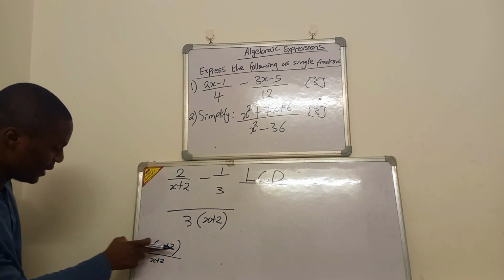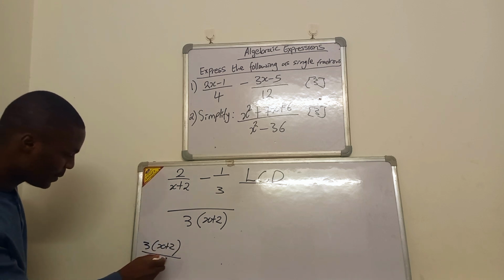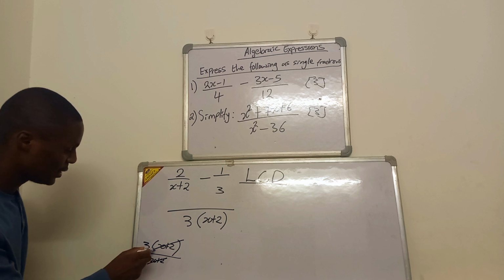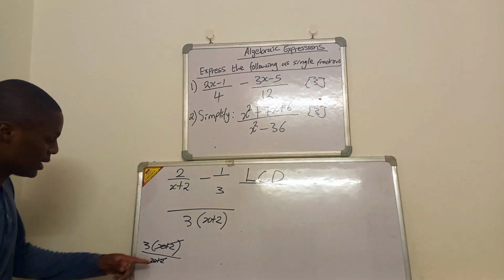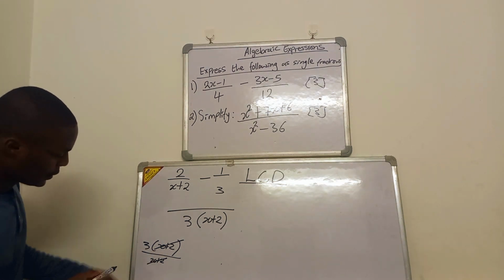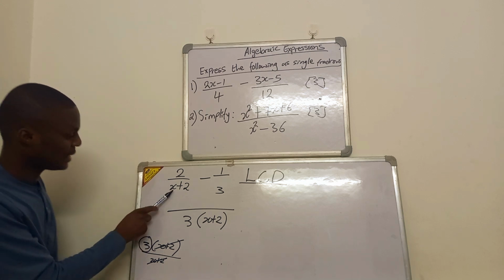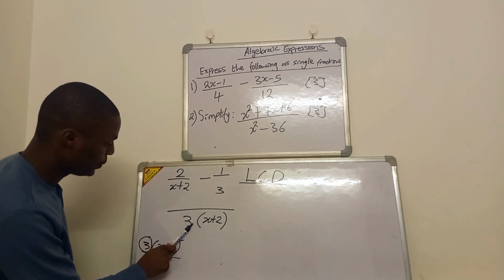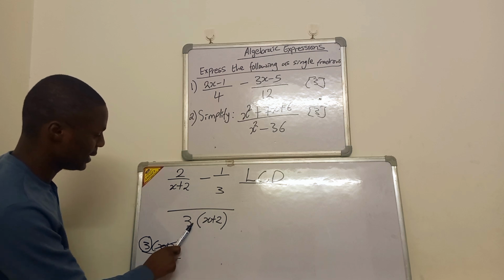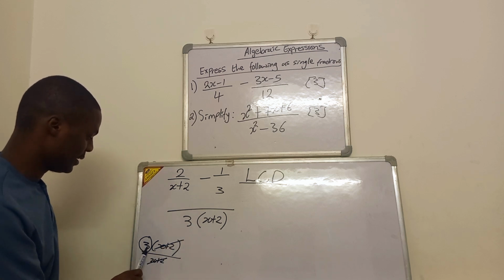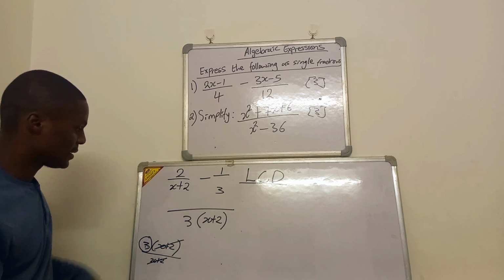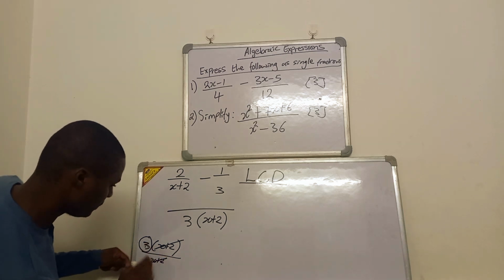X plus 2 is dividing this. So x plus 2 and x plus 2 will cancel each other out. So your answer will be 3. So it means x plus 2 into your denominator 3 bracket x plus 2 is 3. The answer is 3.